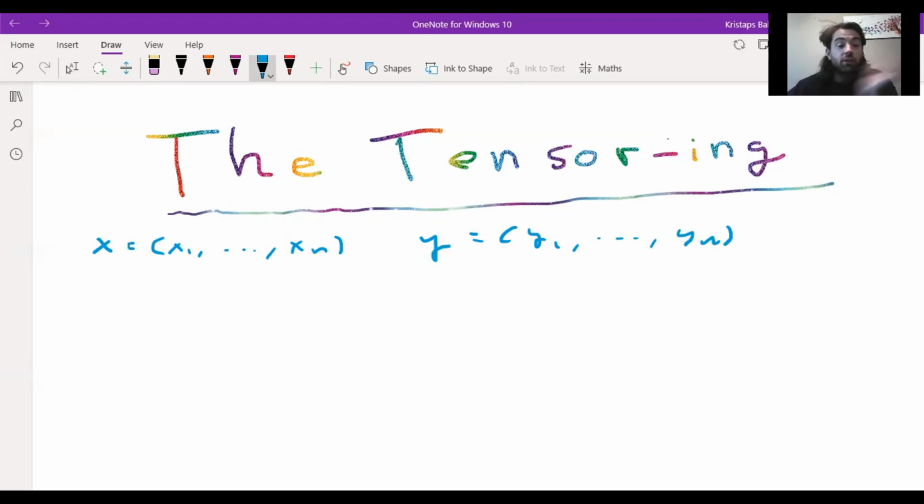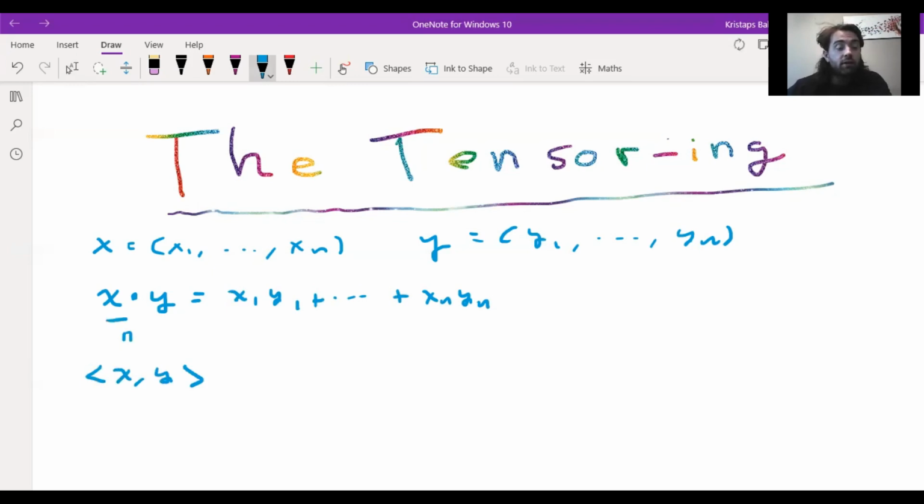If you've studied some linear algebra, you've probably already learned about the dot product, which is a really useful tool for understanding things in linear algebra, where we multiply the corresponding entries and add all the results together.